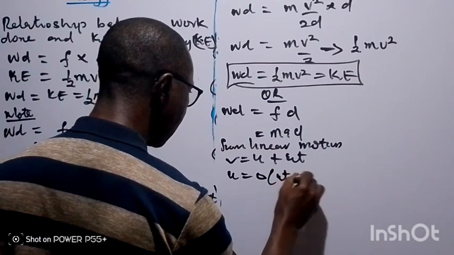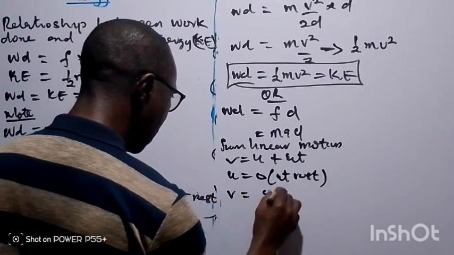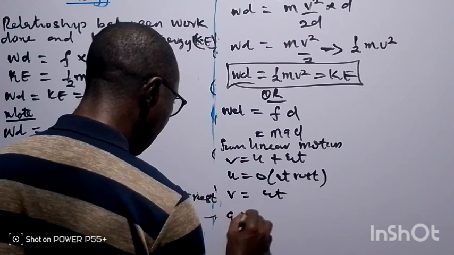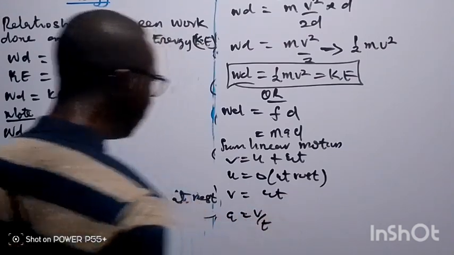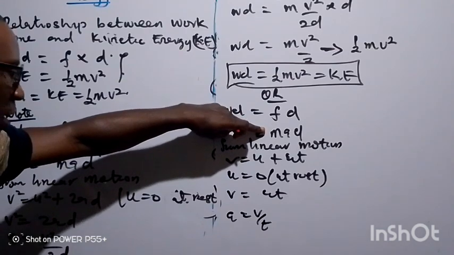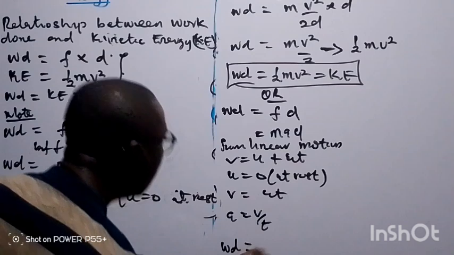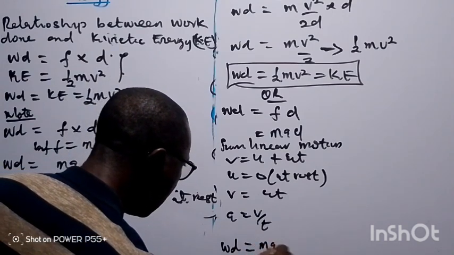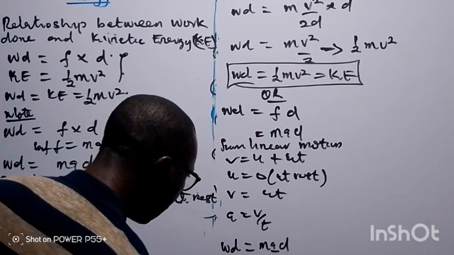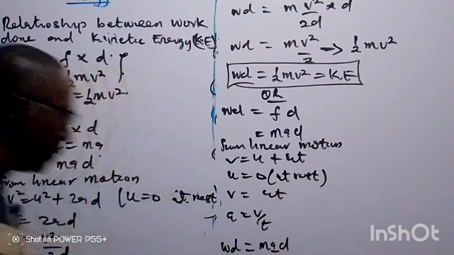So we have V equal to AT, so our A is equal to V over T. Come here and remove A. So our work done, that is MAD, removing A, will be M into V over TD. So that is the work done.